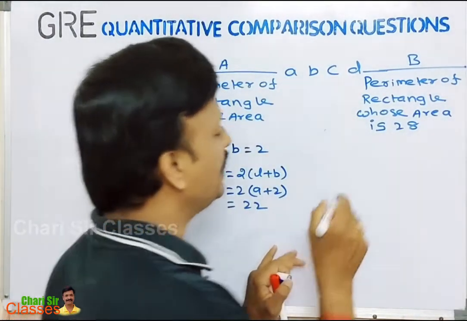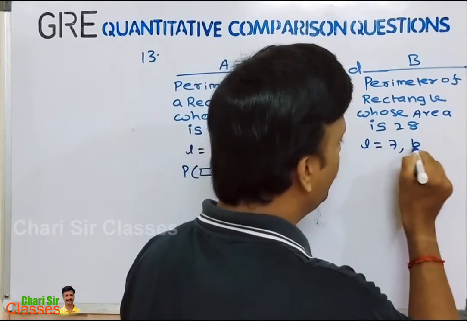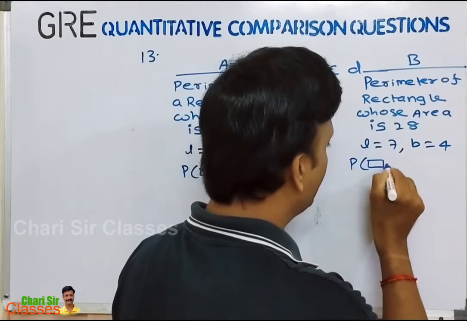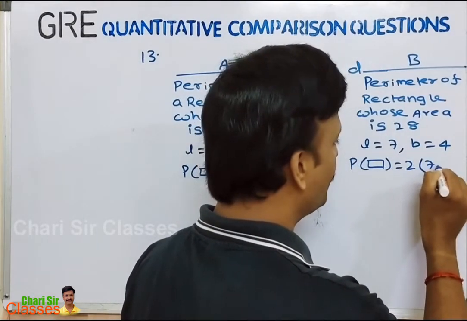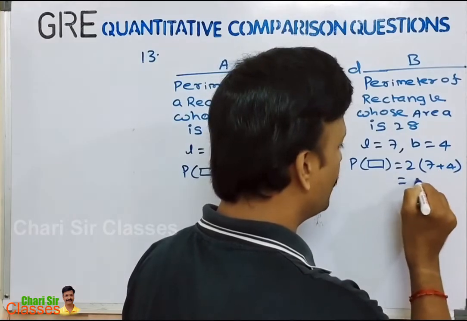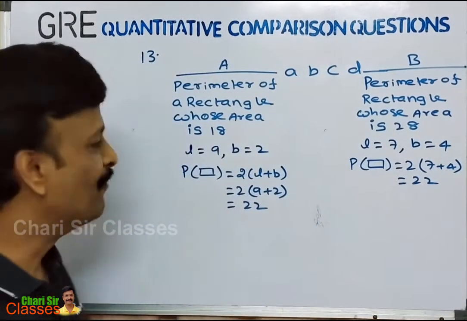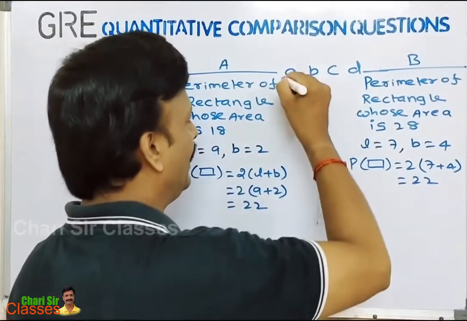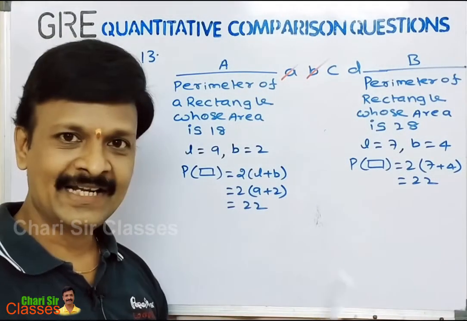To get 28, L value I am taking as 7 and B value is 4. Now perimeter of rectangle is 2 into L plus B, that is 7 plus 4, which is nothing but 22. So perimeter is 22 and perimeter is 22. Both the quantities are equal. Therefore what can we eliminate? A can be eliminated and B can be eliminated. C means two quantities are equal.